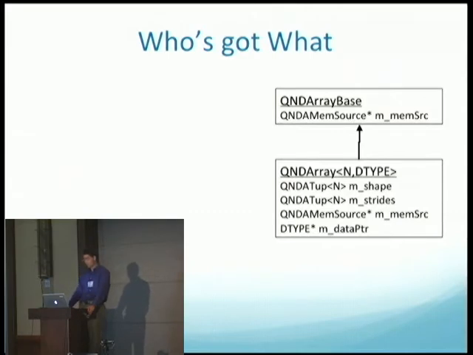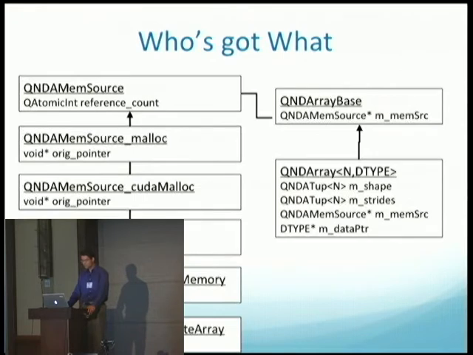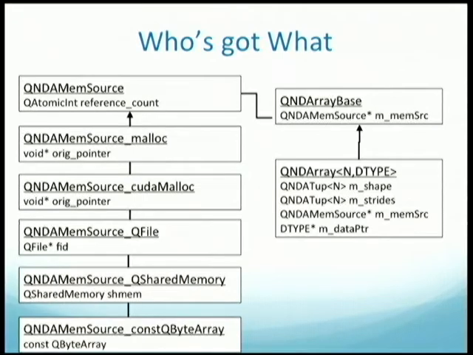It just didn't ever come up, even though I thought it would at the beginning. So each QNDArray base class has a QNDA mem source, and then all these classes that are running down here on the left-hand side are derived from QNDA mem source. And it kind of just behaves how you would expect it to.